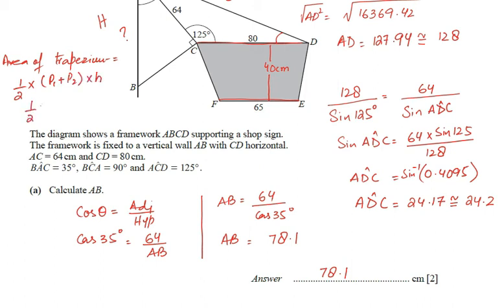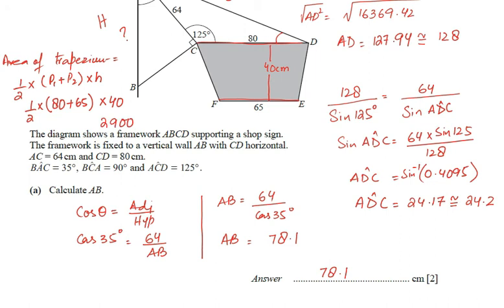So it's 1/2 into the sum of the parallel sides, 80 plus 65, multiplied by the height of this trapezium, 40, given in the question. First add 80 and 65, then multiply by 40 and divide by 2. So our final answer is 2900.